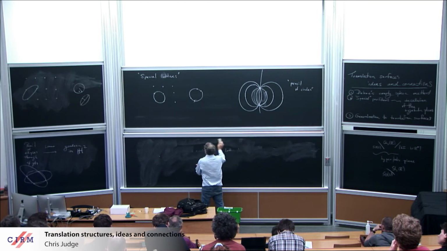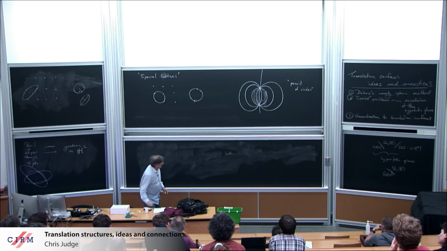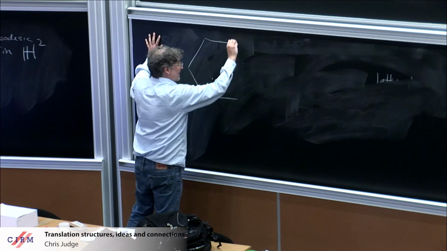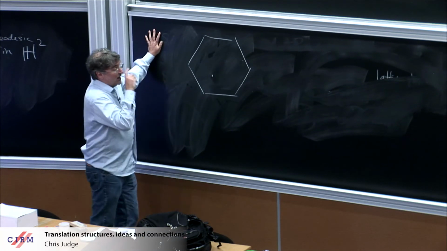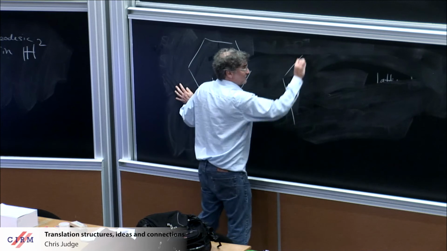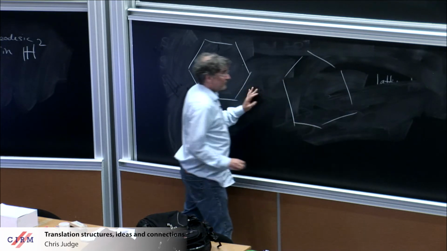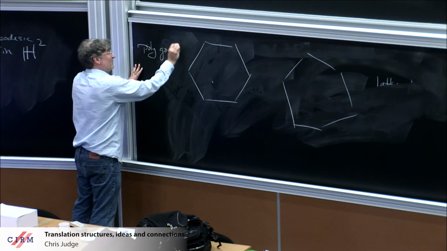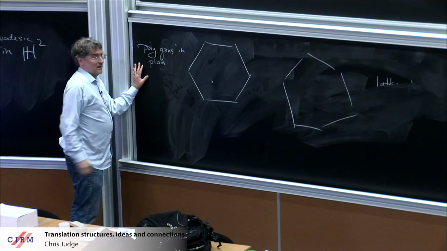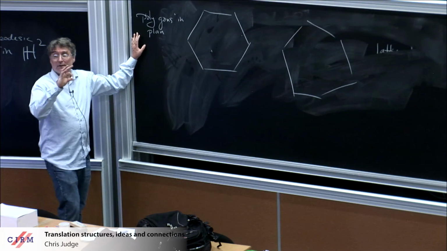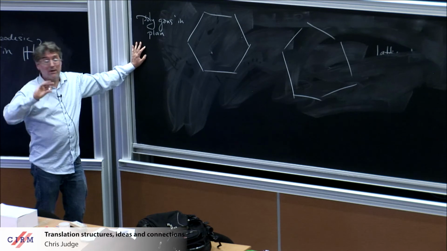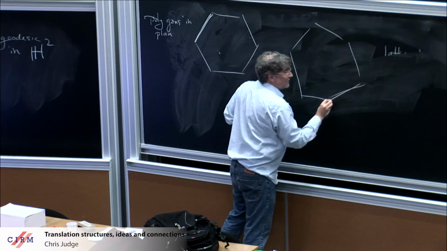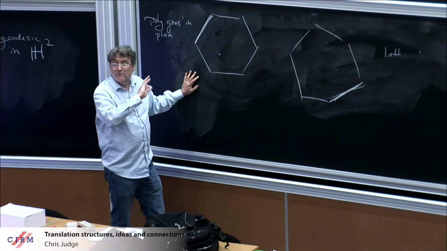Basically it's just like what Vincent said the other day: you take a bunch of polygons, and it could be multiple polygons in the plane. And what you require is that there's a matching between the edges of the different polygons. So for example, this is matched with this. Okay? And so there's an edge matching.